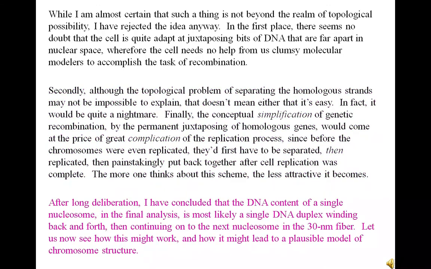After long deliberation, I have concluded that the DNA content of a single nucleosome in the final analysis is most likely a single DNA duplex winding back and forth, then continuing on to the next nucleosome in the 30-nanometer fiber. Let us now see how this might work and how it might lead to a plausible model of chromosome structure.